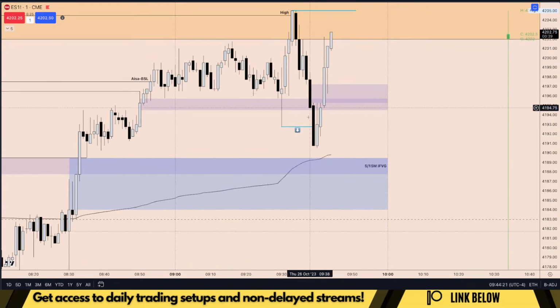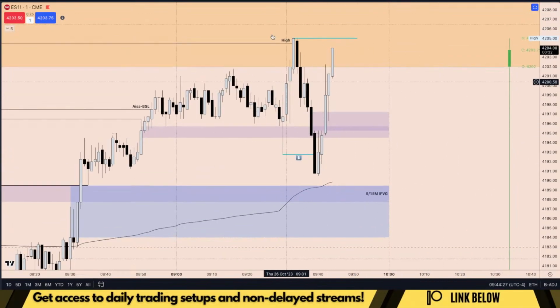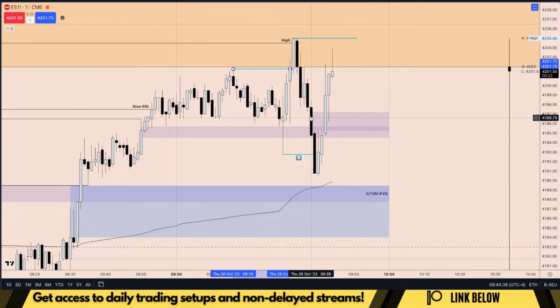I was just looking for a quick scalp, 5 points, maybe a little bit more than that, into the 50% as a retracement, because that's a valid 2022 model. We took out buy side, had a strong displacement with a bearish fair value gap being left behind for a continuation lower, maybe to the VWAP, to our 5-minute bullish to clear at least out this low.